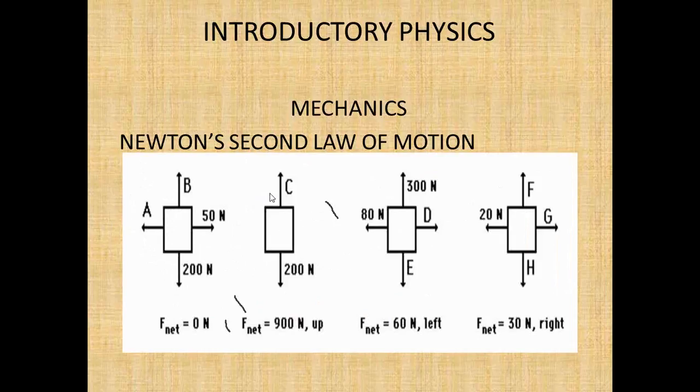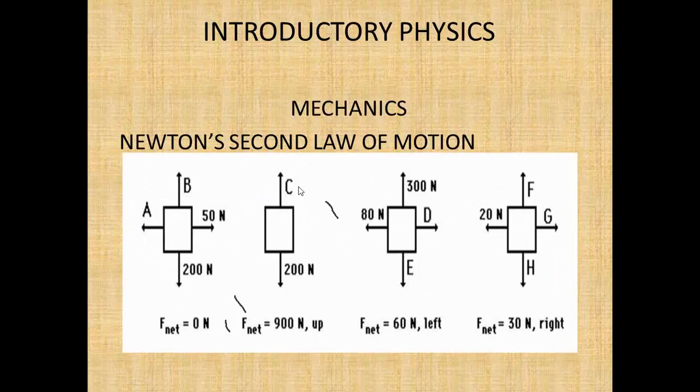In this scenario, they say that the net force is 900 up. Force of gravity is 200. So therefore, your upward force has to be 200 more than this 900.